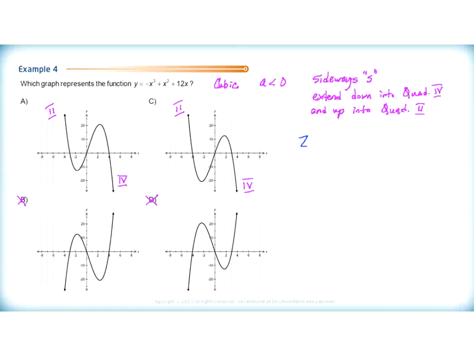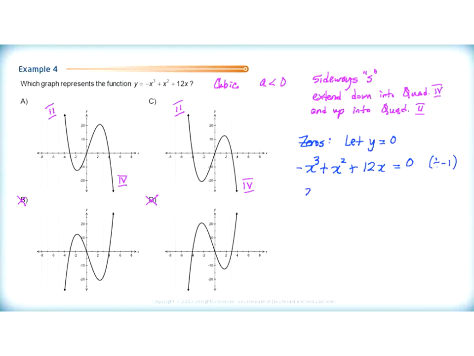In order to get the zeros of the polynomial, or your x-intercepts, in this case we let y equal 0. So we have a negative x cubed plus x squared plus 12x equals 0. To remove the negative in front of the x cubed, we can multiply both sides of our equation by a negative 1.